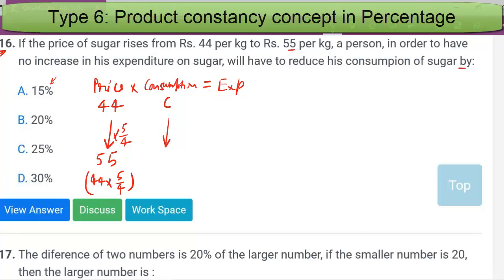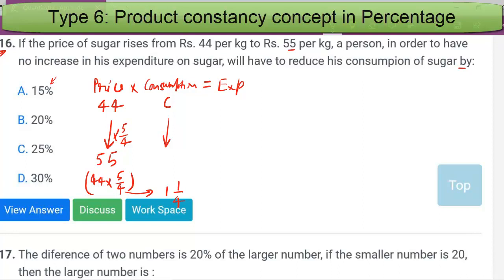So 5 by 4 can also be written as 1 plus 1 by 4, so there is a 25% increase, right? Once you know that the new price has been achieved by multiplying the previous price by 5 by 4, the consumption has to be reversed.